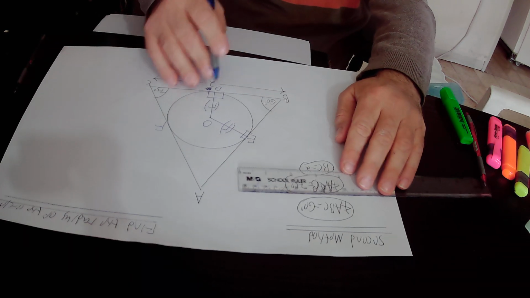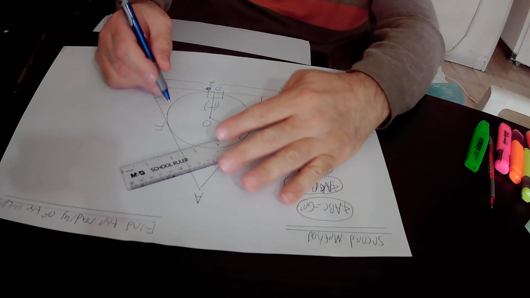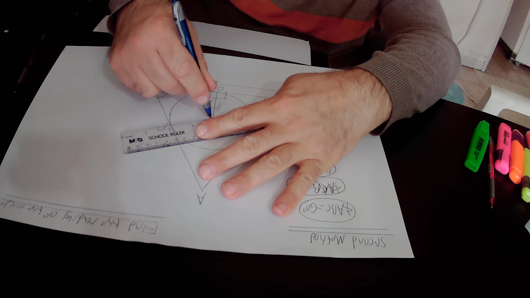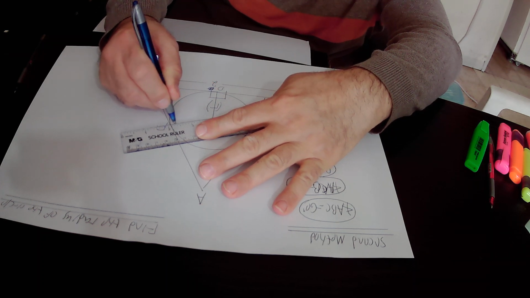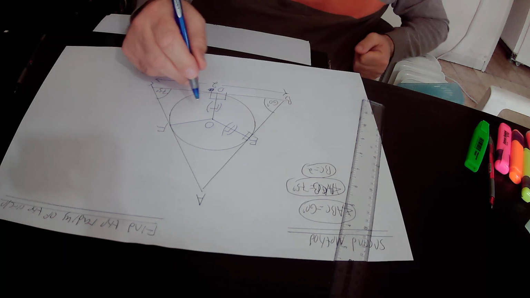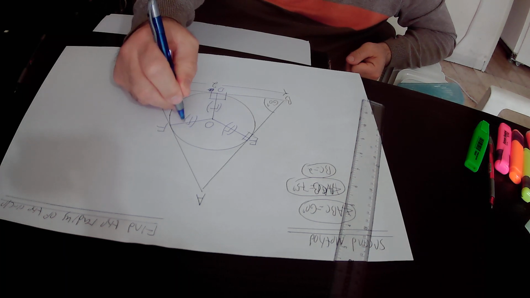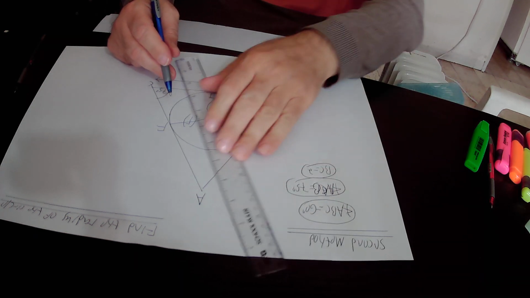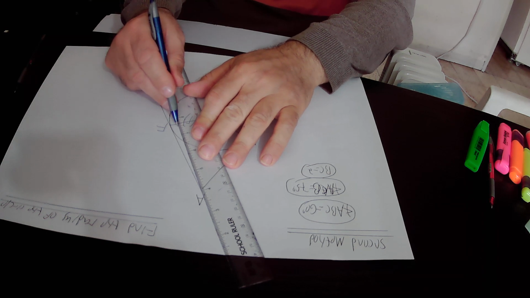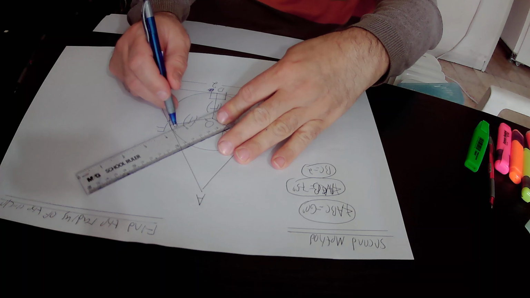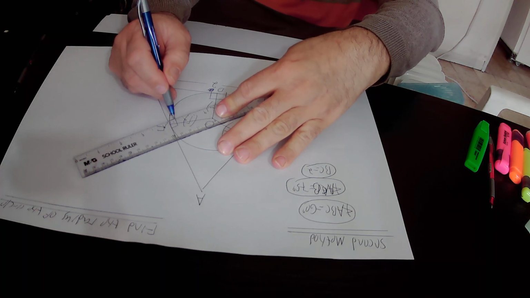We join points O and F together by a straight line. OF is the radius of this circle that is equal to R. Again, the radius OF is drawn to point F. Therefore, according to rule number 1, this angle equals 90 degrees, and this angle will also equal 90 degrees.